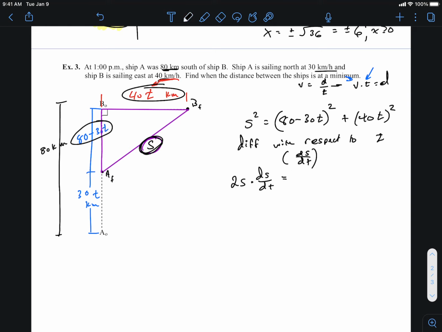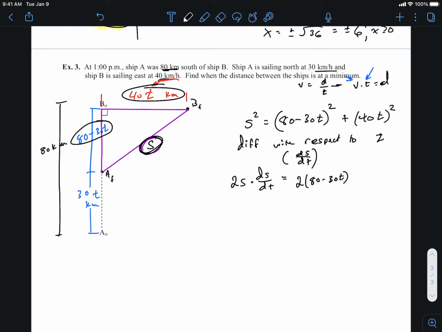The rest of it's okay because I've got t's in there, so I'm deriving this with respect to t, no problem. We've got a little bit of chain rule going on for the first one. So the 2 is going to come down. We're going to get 2 times 80 minus 30t.